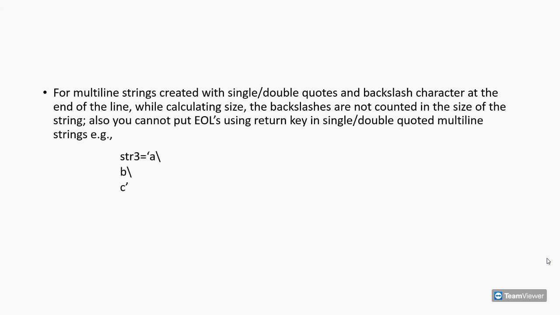Here we have a string str3, in which we have put ABC into 3 different lines by using the backslash, and this we have put in single quotes. Because we have used backslashes and single quotes, the backslashes will not be counted and the size of the string would remain 3.